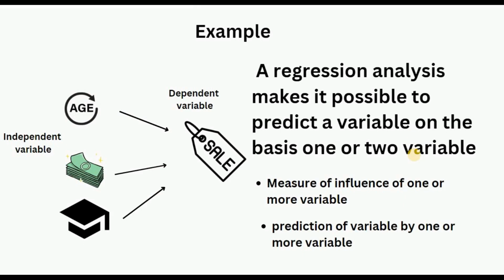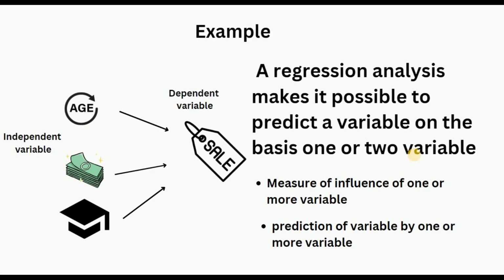Here is an example. We have some independent variables like age, salary or education of a customer. We have different independent variables here, and we have sales as the dependent variable.